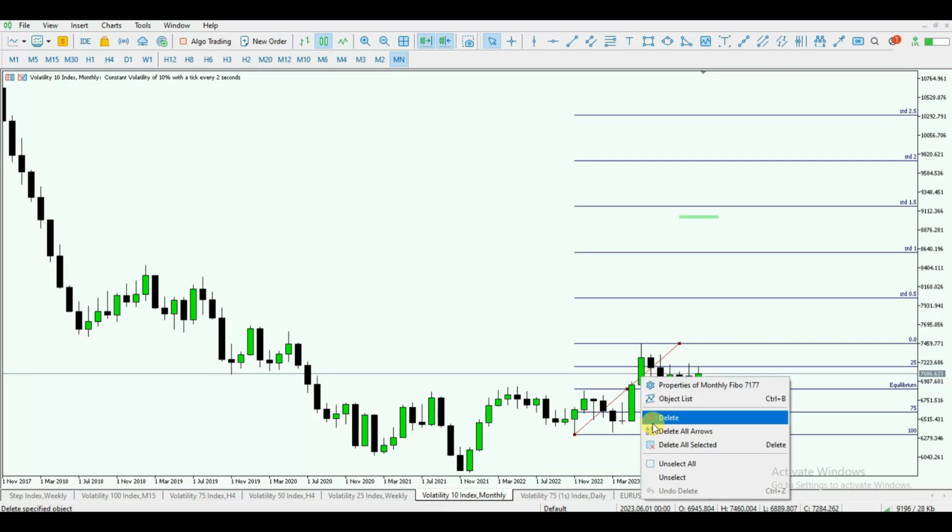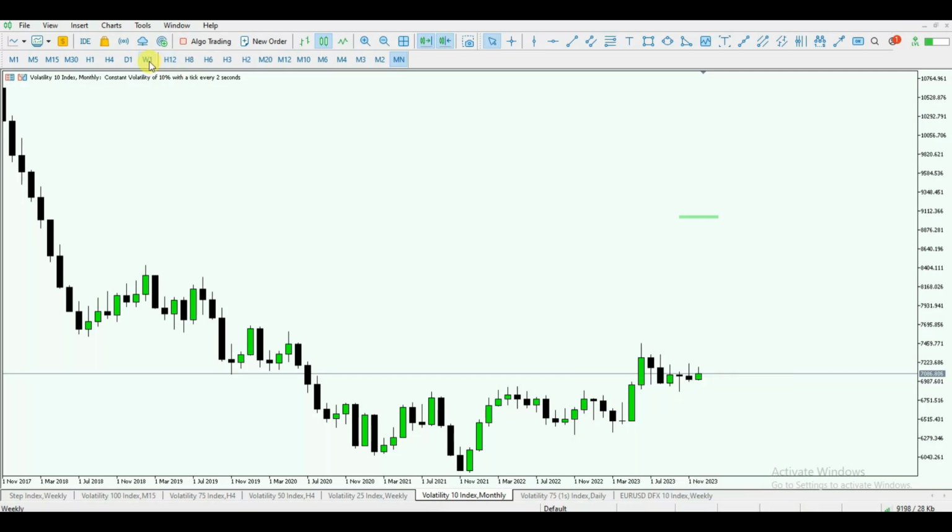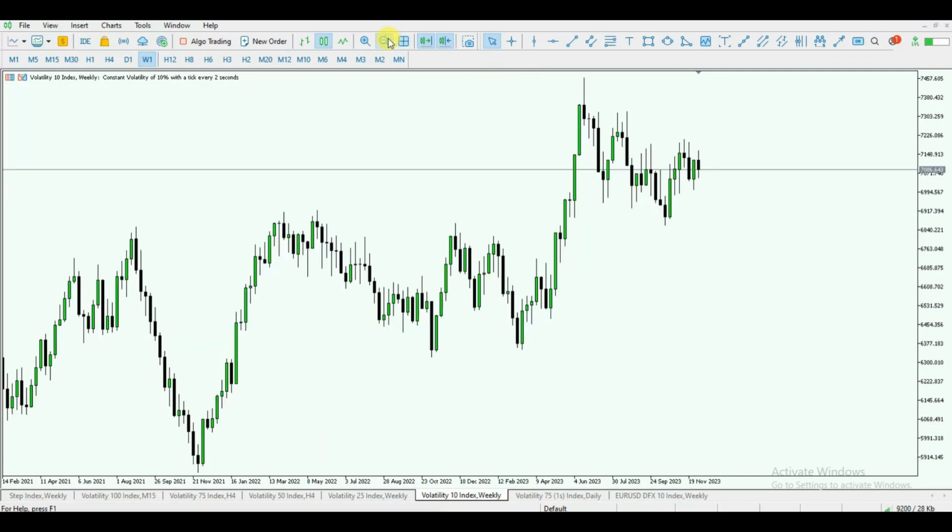You could see that price dipped into the discount prices, and then we rallied up. However, price can still come further and close in further on this fair value gap, depending on what's happening on the weekly.